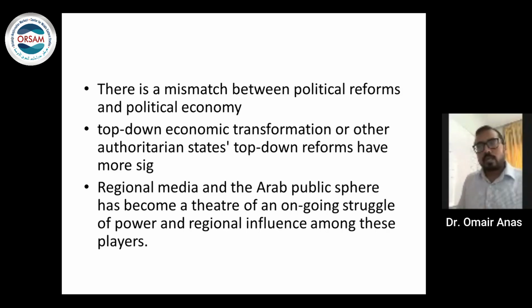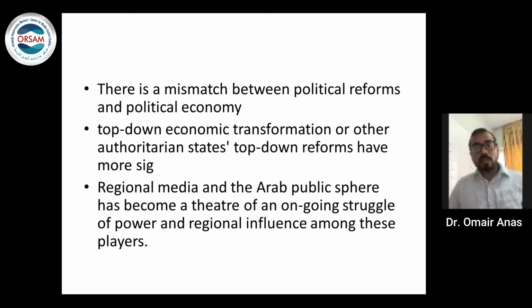As a result, in any society where such a crisis happens, the ruler of the country takes a top-down approach, which means they will not ask the society, what do you want? They just impose something on them. For example, in Saudi Arabia, they have launched a process they call the new economic Vision 2030.